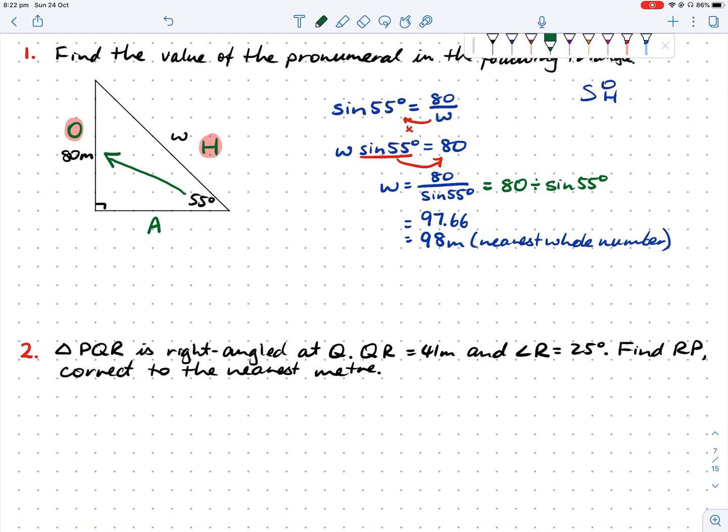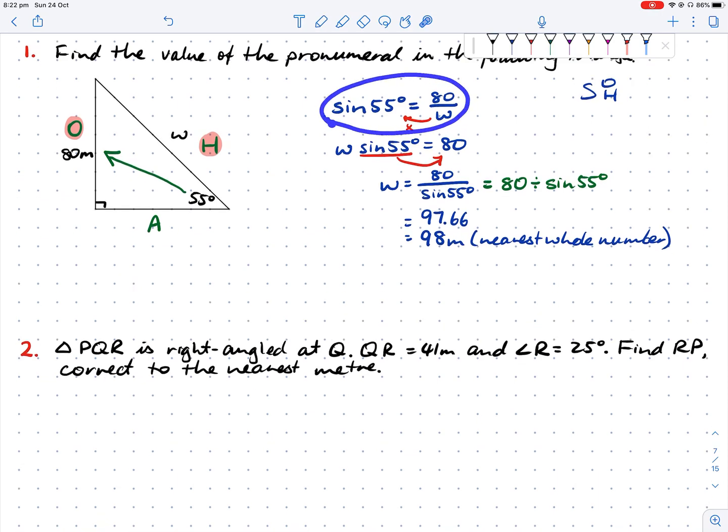Now, we also want to see if we can have further shortcuts. If we start by looking at this expression and the one with W here and comparing them, what you may have noticed is that the only thing that's happened between these two fractions is that we've swapped the sine 55 and the W. So when we're looking at this expression, sine 55 degrees equals 80 over W, a short way to look at it is that all we're really doing is swapping the sine 55 degrees and the W over.